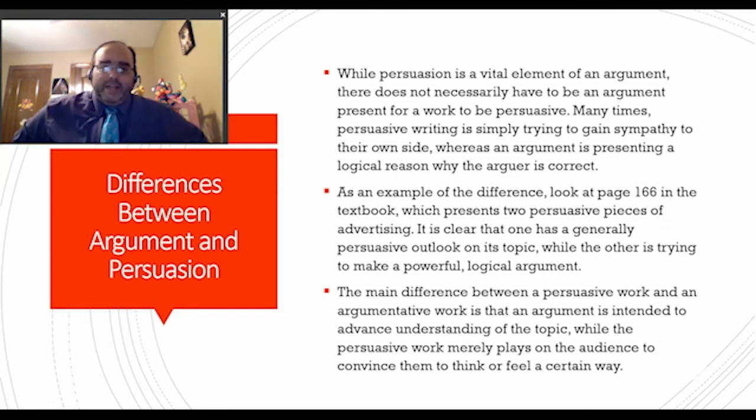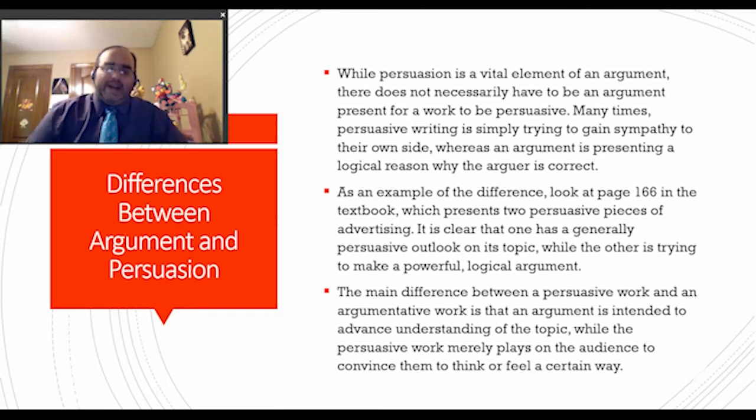Okay. Now, one example I want you to take a look at is on page 166 in your textbook. This is 2 persuasive pieces of advertising. One has a generally persuasive outlook on its topic, while the other is trying to make a powerful logical argument. Okay.